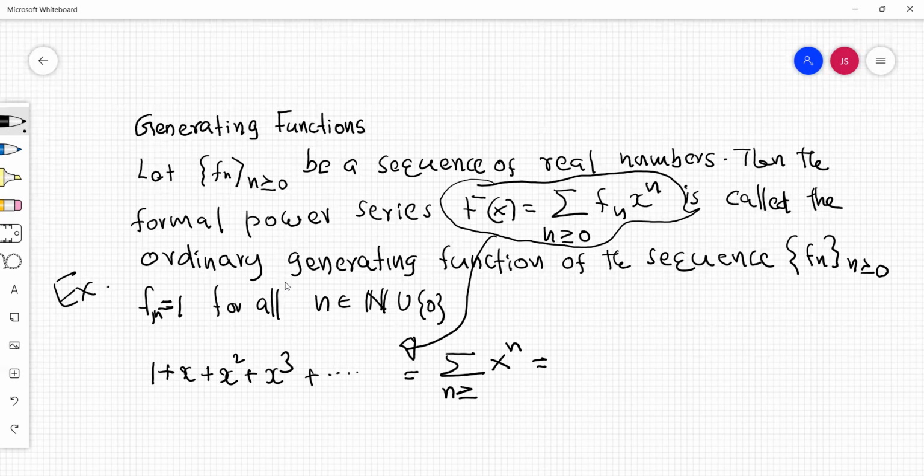Can you remember? Have you not seen a power series like this? Do you know geometric series?